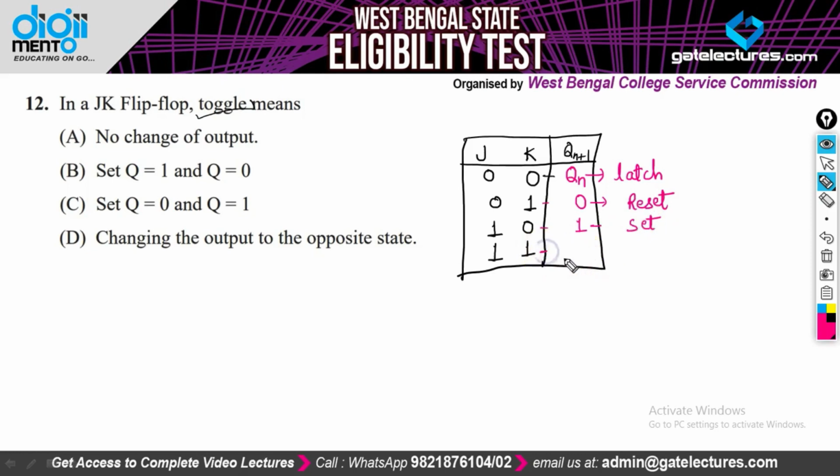And then for 1, 1, it is different from SR flip-flop. For 1, 1, it is the complement of our previous output and this state is known as toggle state. So what basically does toggle mean? Changing the previous output. So option D verifies it: changing the output to the opposite state. So option D is right for this.